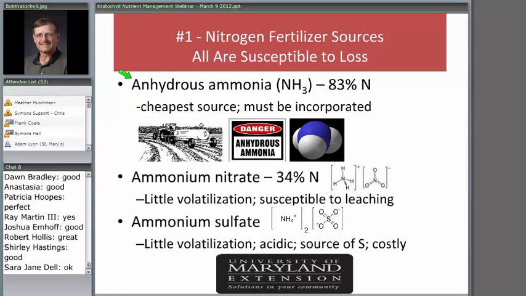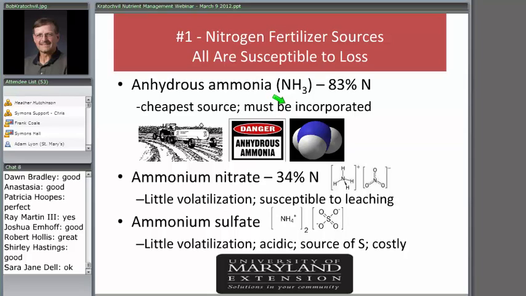However, the disadvantage to anhydrous is that it does need to be incorporated into the soil, and I think you realize why. It is ammonia. If you apply ammonia on the surface of the soil, it's immediately going to dissipate into the atmosphere. So all anhydrous is injected into the soil.